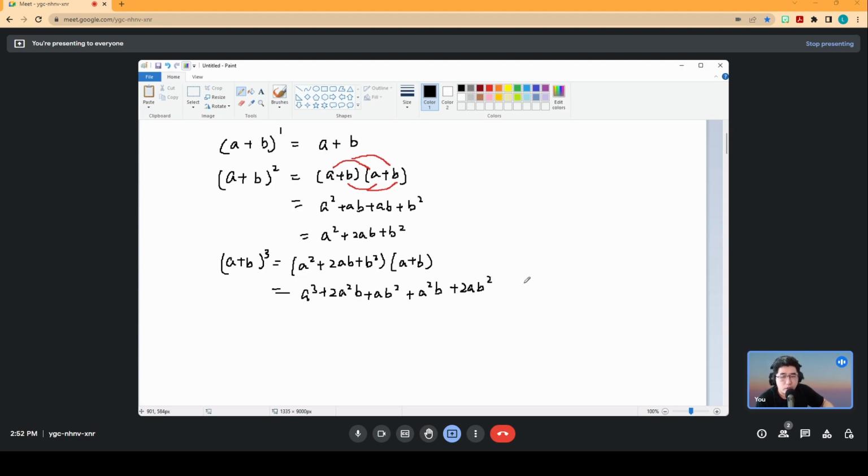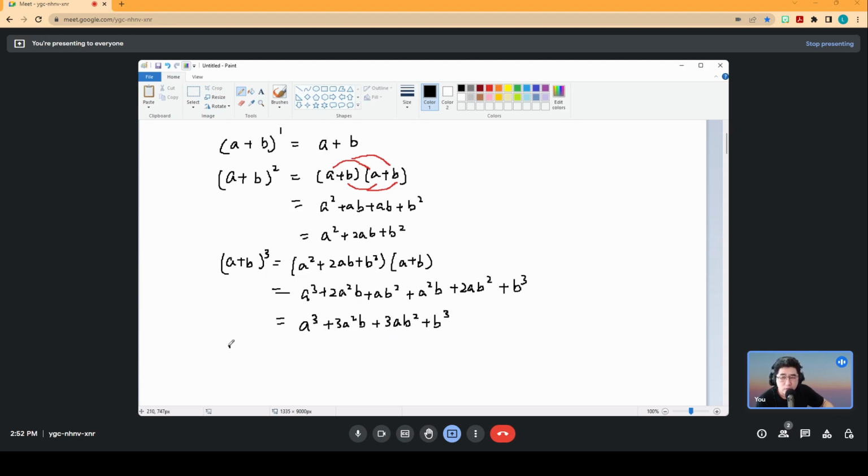B squared and b, I have b cube. Then if I simplify the form, I will have a cube, 2a squared b and the a squared b here, a total of 3a squared b. Then ab squared and 2ab squared, here I have 3ab squared and b cube.